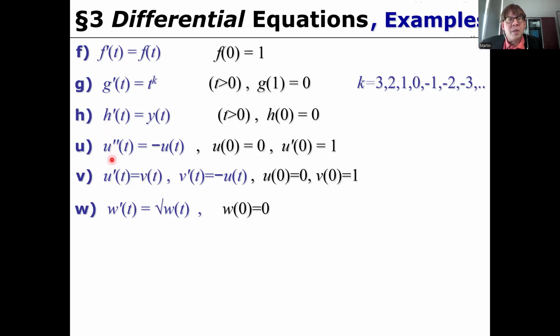And u double prime means second derivative with respect to one variable. In this chapter, we consider functions of one variable, and this variable will be the time. So ordinary differential equations, fortunately, we can get away with ordinary differential equations. We don't need to learn about partial differential equations.